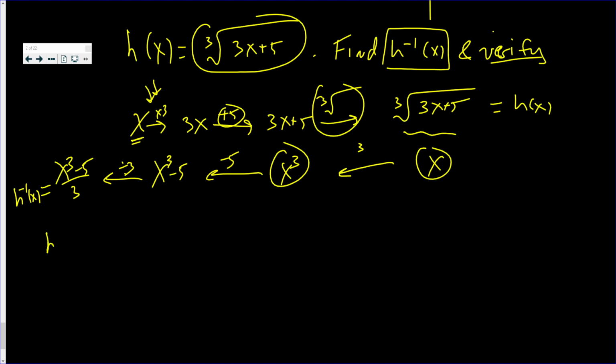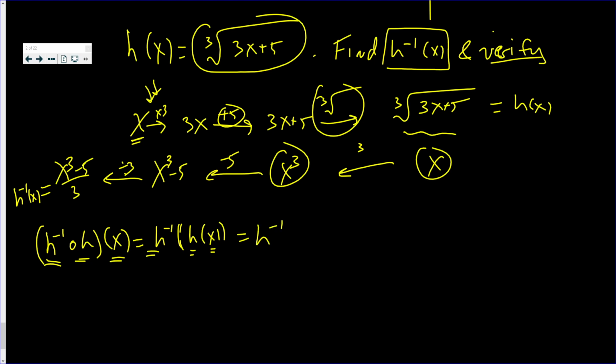First, we'll compute h inverse of h of x, which by definition, note the order: first h inverse, then h, then x. Same order, h inverse h x. And now h of x is what it says at the very top. It's the cube root of 3x plus 5.